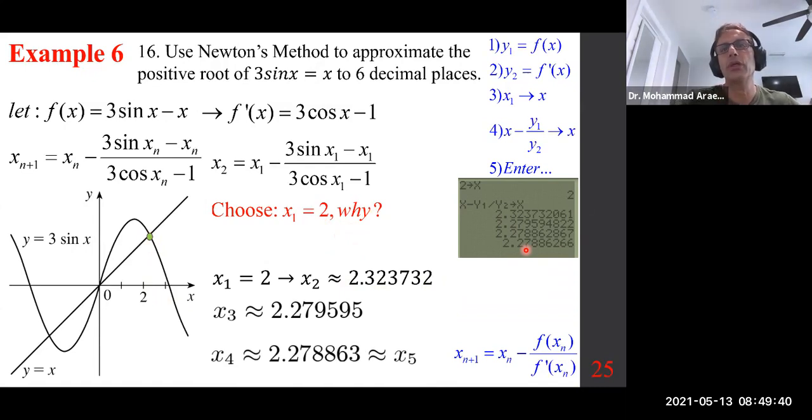We wanted 6 decimals. And there you have it. To 7,886, and this 2 changes to 3.